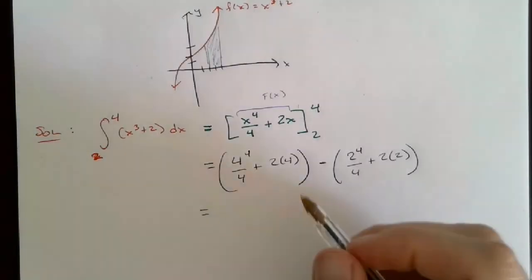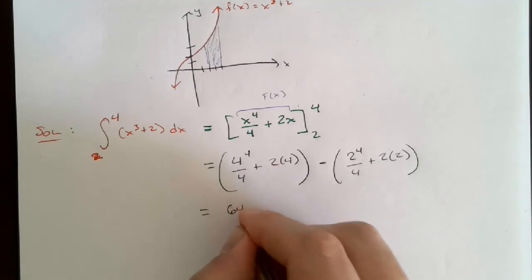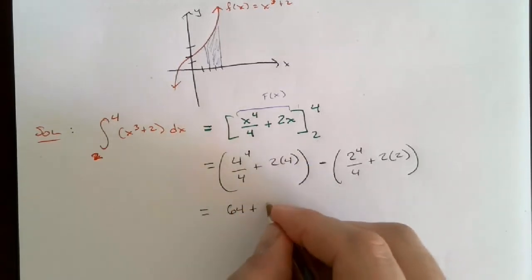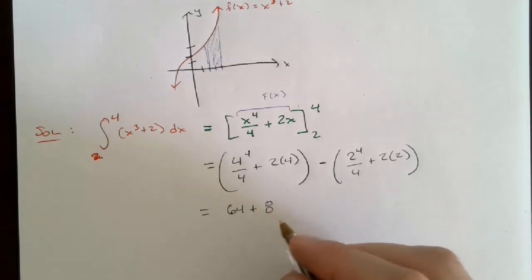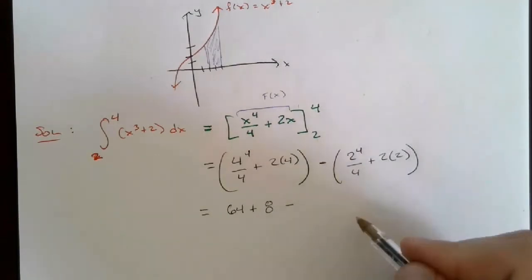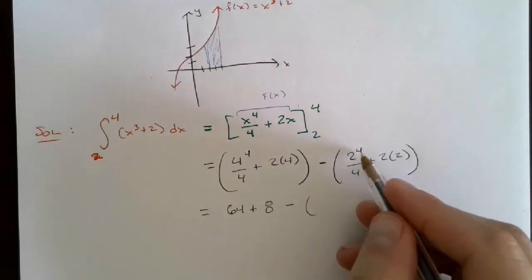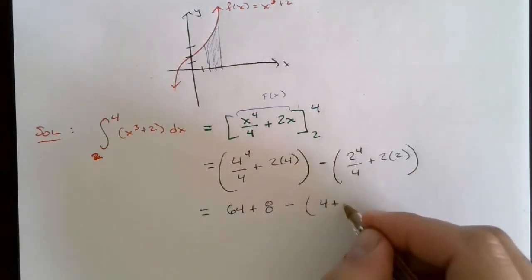And evaluating this, 4 to the 4th divided by 4, you can cancel one of the 4's really, and get 4 to the 3rd power, which is 64, plus 2 times 4, which is 8. There's nothing to distribute through here, so you can drop those parentheses right now. Minus, inside these parentheses, you have 2 to the 4th, which is 16 divided by 4, which gives me 4, plus 2 times 2, which is 4.